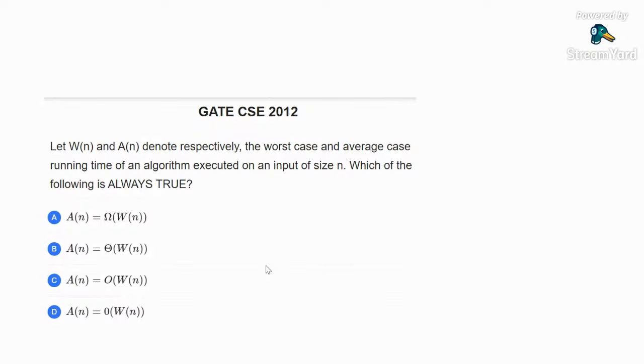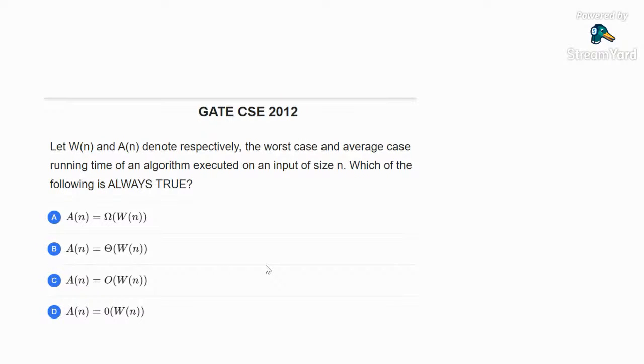See one more question. Let W of n and A of n denote respectively the worst case and average case running time of an algorithm executed on an input of size n. Generally the worst case running time is larger and the average case running time is smaller, or it might be the same, but it is not possible that the worst case is smaller than the average case.